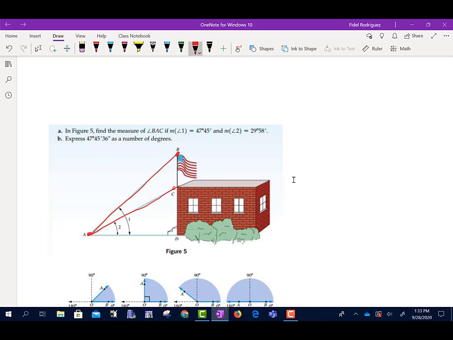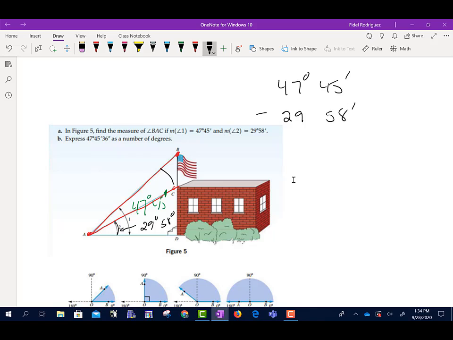And we know that the measure of angle 1 is 47 degrees, 45 minutes. And we know the measure of angle 2 is 29 degrees, 58 minutes. So what do we need to do to find this piece right here? We've got to subtract them. So we're going to take 47 degrees, 45 minutes, and subtract 29 degrees, 58 minutes.